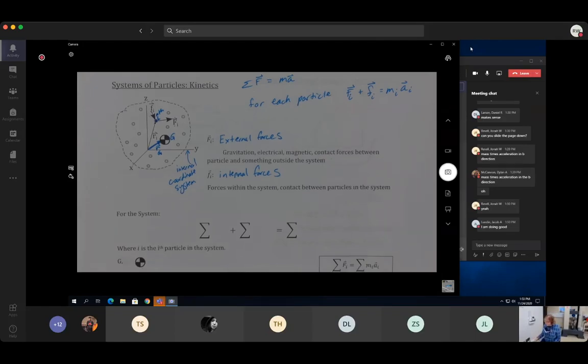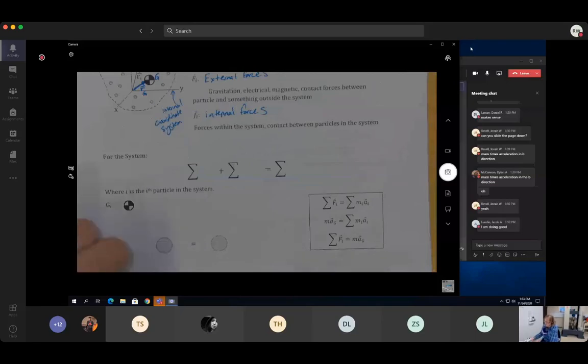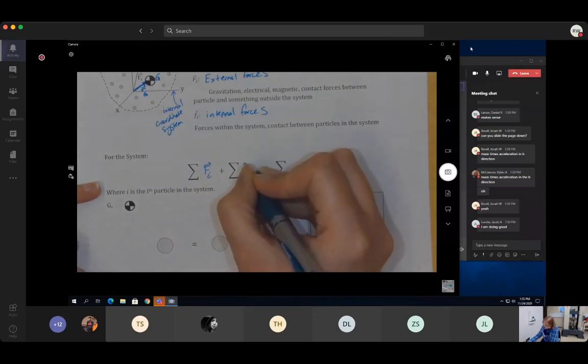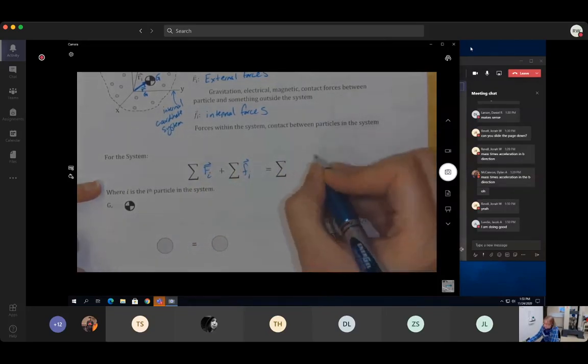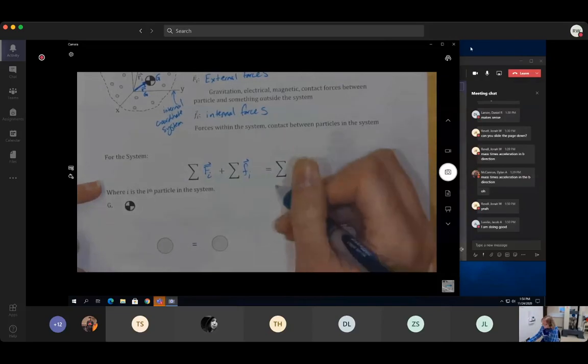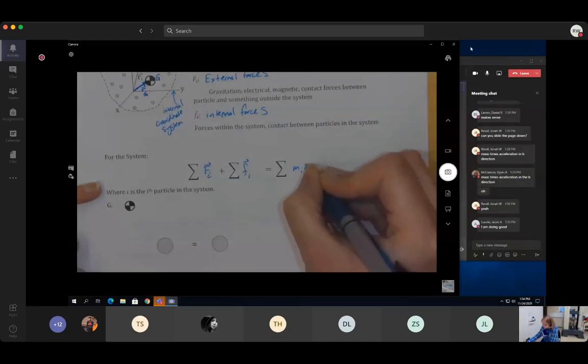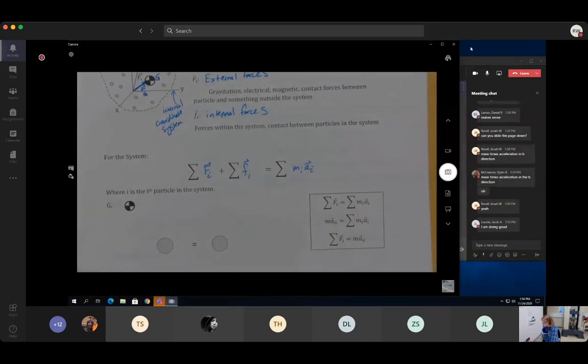Okay, so for our system, we can sum up all of the external forces and all of the internal forces. And the total sum there should be equal to the sum of all of the masses and accelerations of the individual particles.